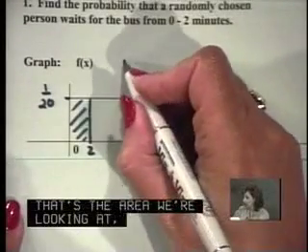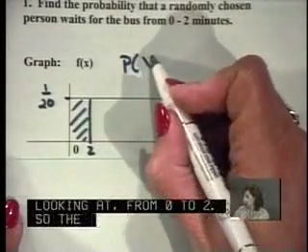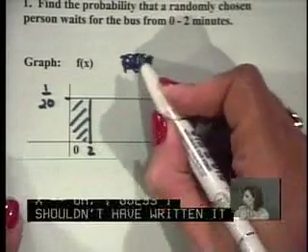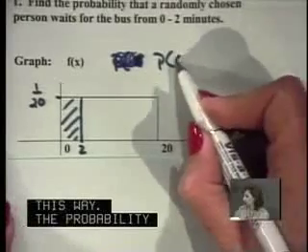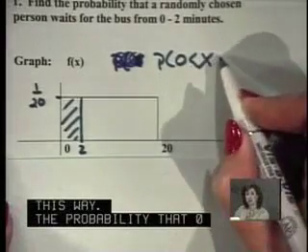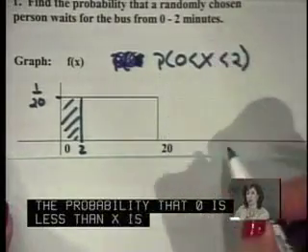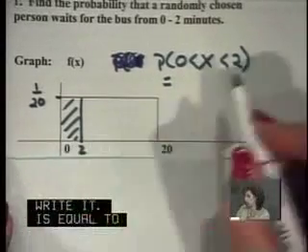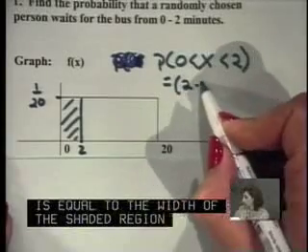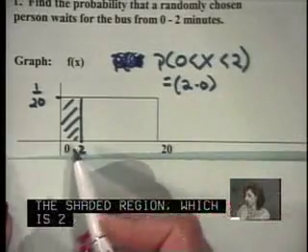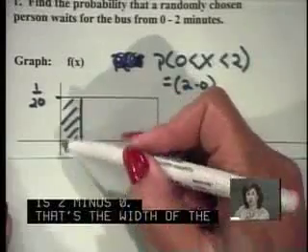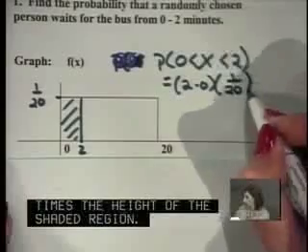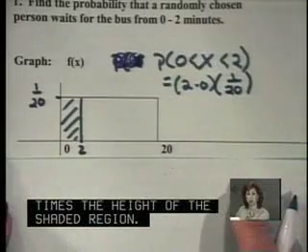So the probability that x, oh, I guess I shouldn't have written it this way. The probability that 0 is less than x is less than 2, that's a better way to write it, is equal to the width of the shaded region, which is 2 minus 0, times the height of the shaded region, times 1/20.